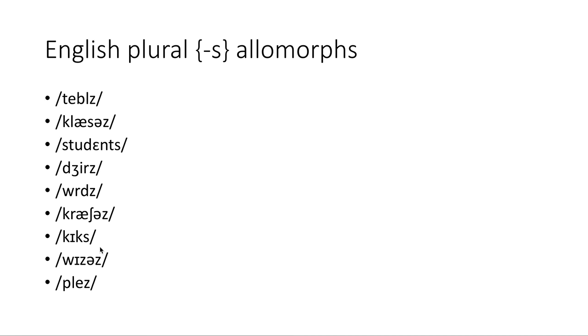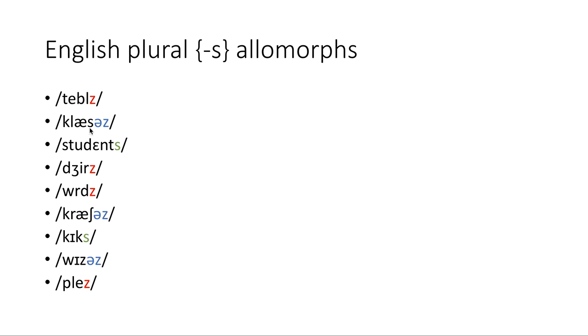And one of the differences you should be noticing here, or start to be thinking about, is voicing. So some of these are voiced and some of these are voiceless. I've put the voiced in red, z, z, z, z, and the voiceless in green, s, s. And additionally, there's a third allomorph we see where a vowel is actually added, right?